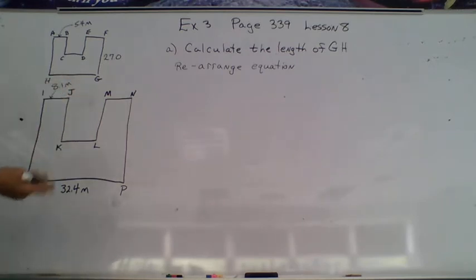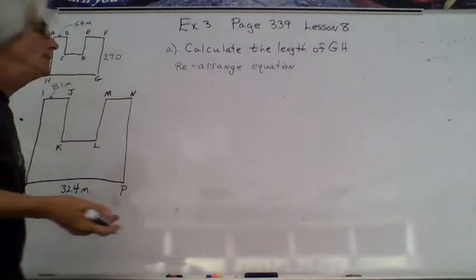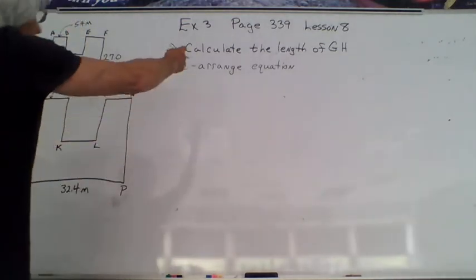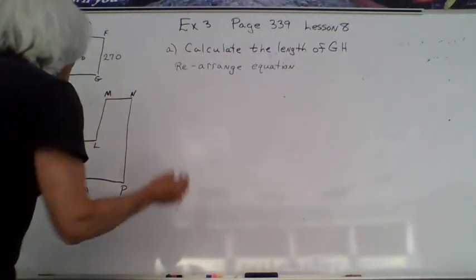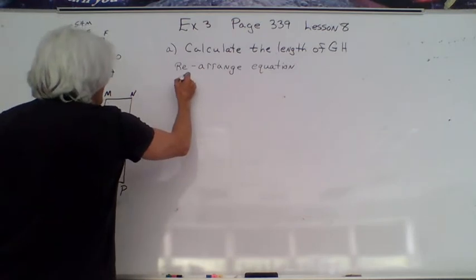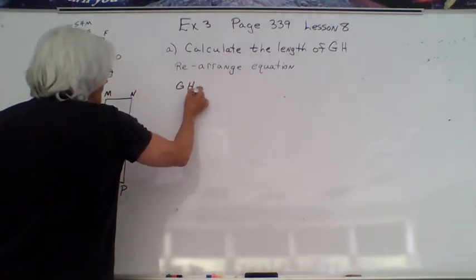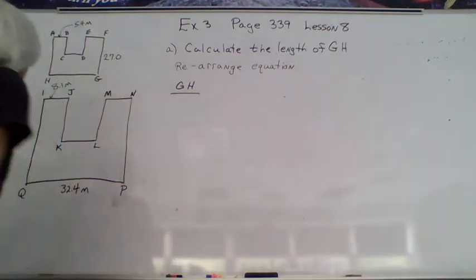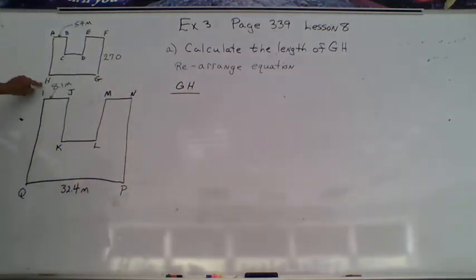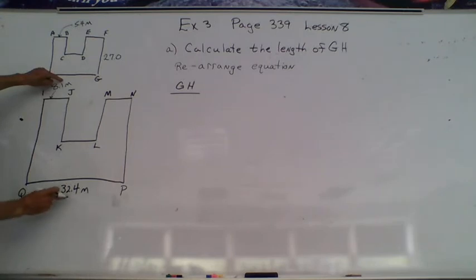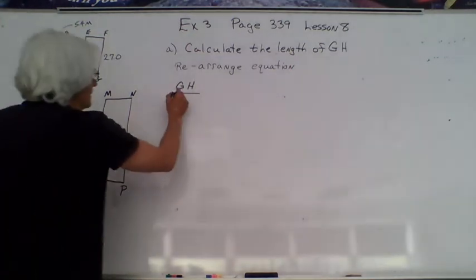So I'm going to build an equation and solve that by rearranging the equation. So I'm going to take the GH, what I'm looking for, and I'm going to put the GH over, I got to come down and find the corresponding side here, which they give me, is 32.4 meters.